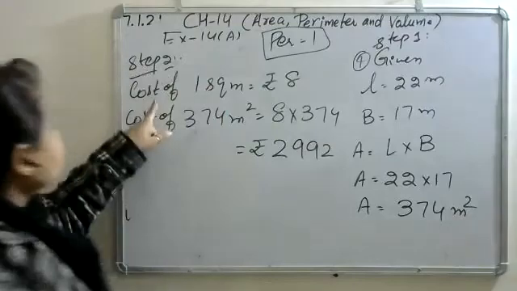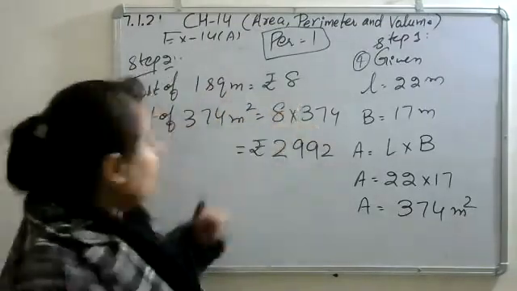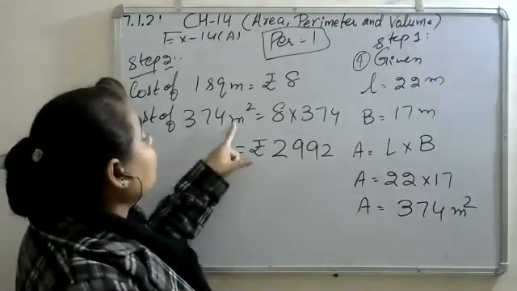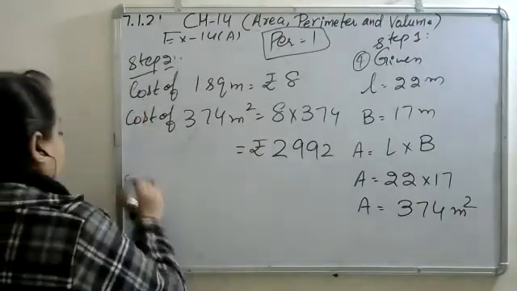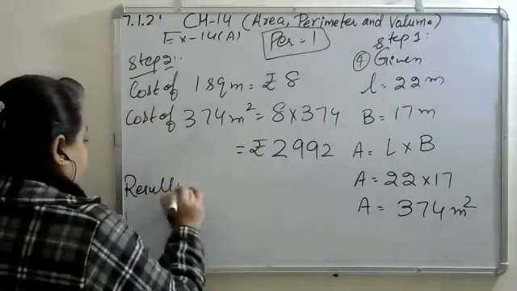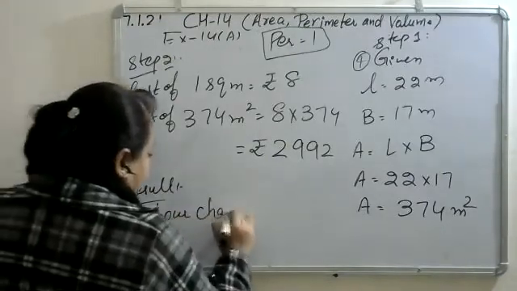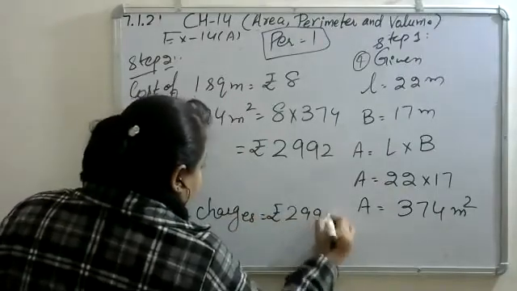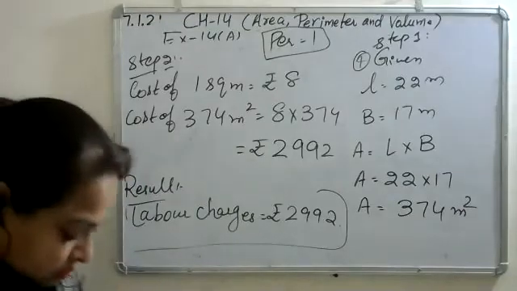So cost of 1 square meter is given to you rupees 8. And the question is to find the cost of 374 meter square. So in the result, you will write labor charges is equal to rupees 2,992. So this is the result. Fine.